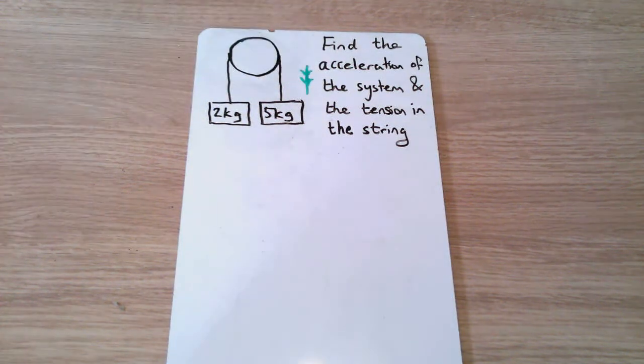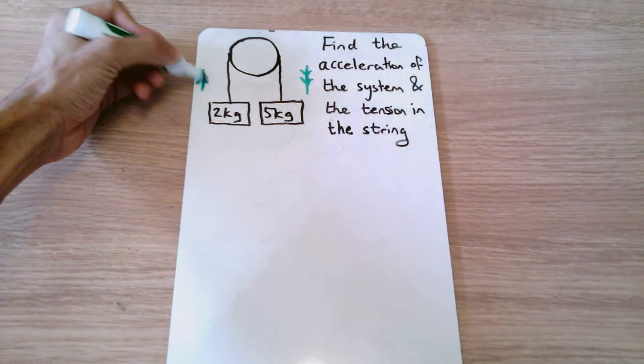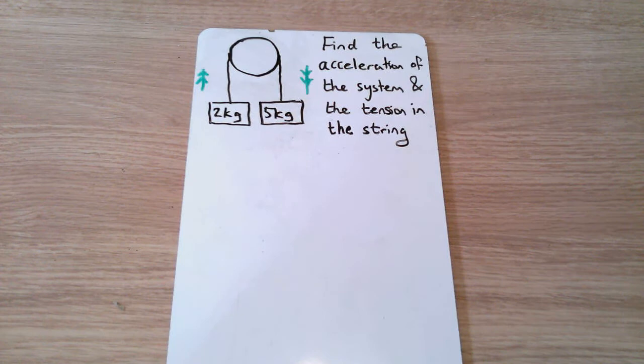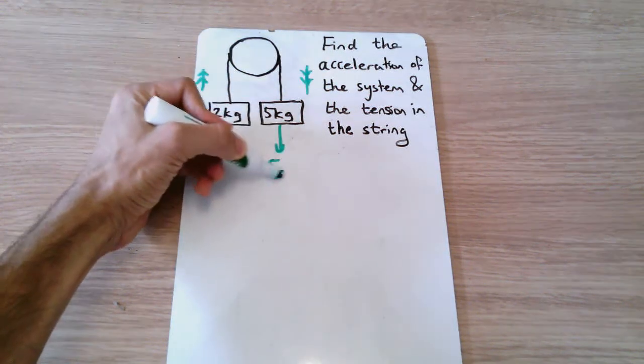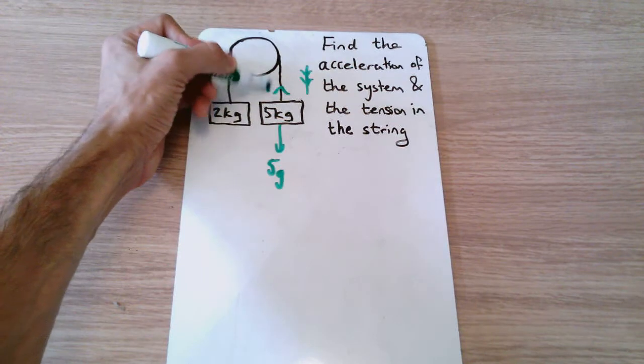Now because these particles are connected by a light inextensible string, it means that there's going to be acceleration up on the left hand side. But we still need to label our forces on our diagram to make this easier for us. So the 5 kilogram block will have 5g coming down and tension coming back.